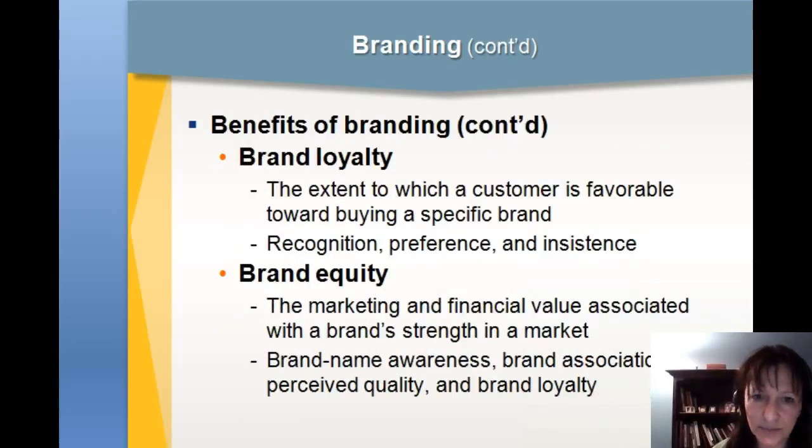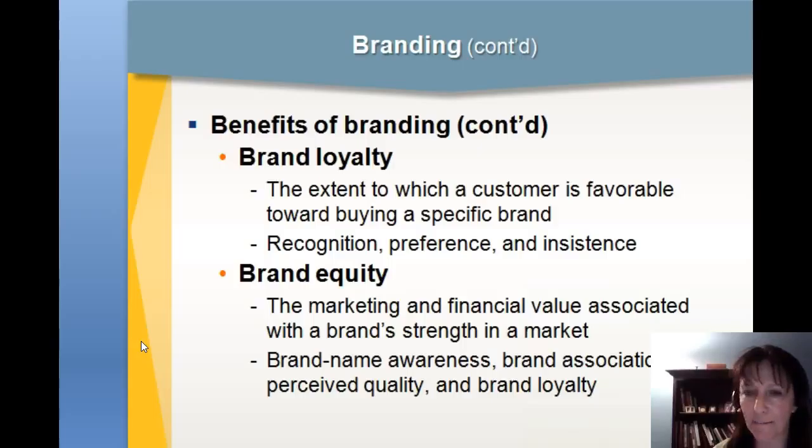Okay, moving on. To some extent, consumers tend to be brand loyal. So again, you've had a positive experience in the past with a certain brand, so you're more likely to buy it in the future. And that results in what's called brand equity, and that's the intangible value.